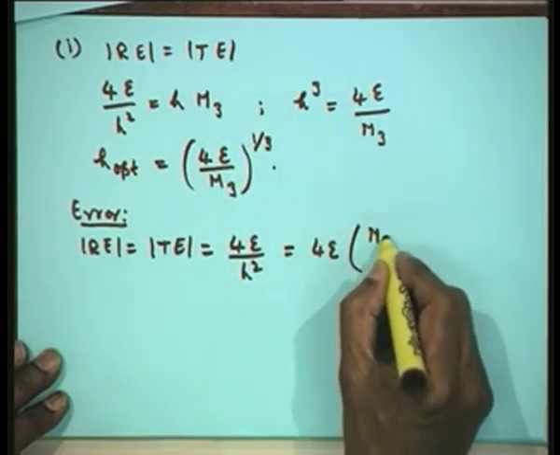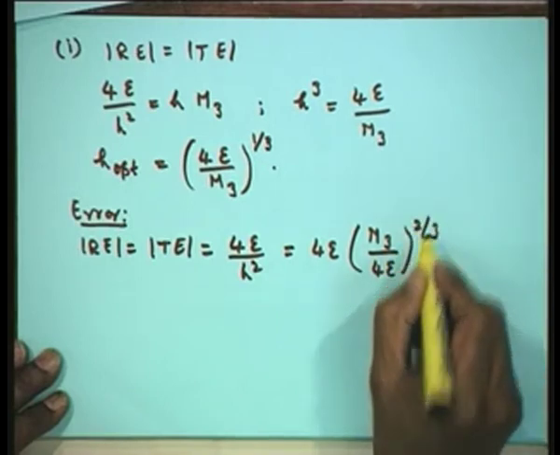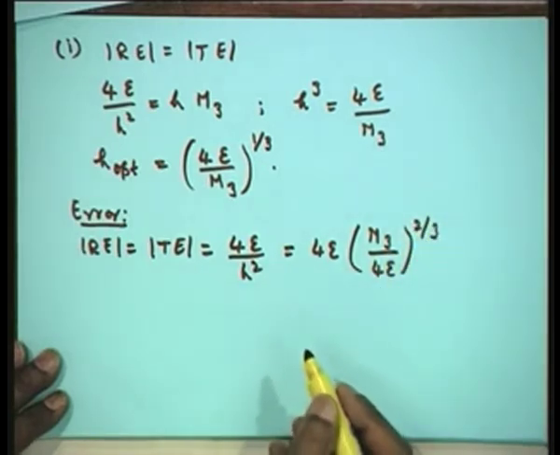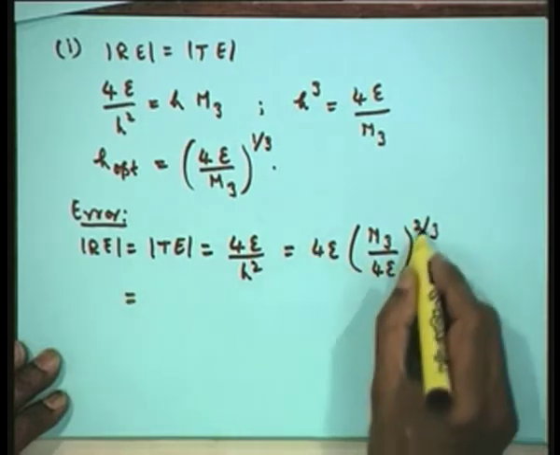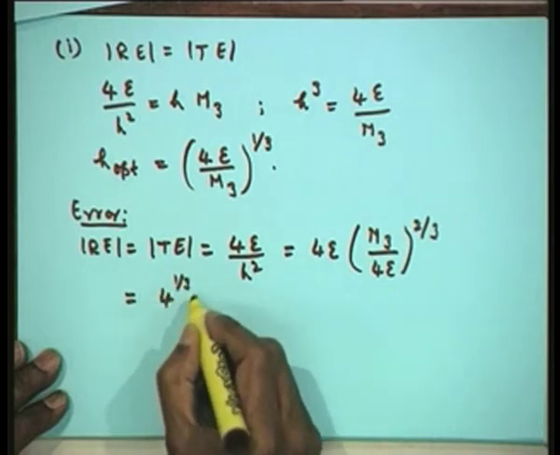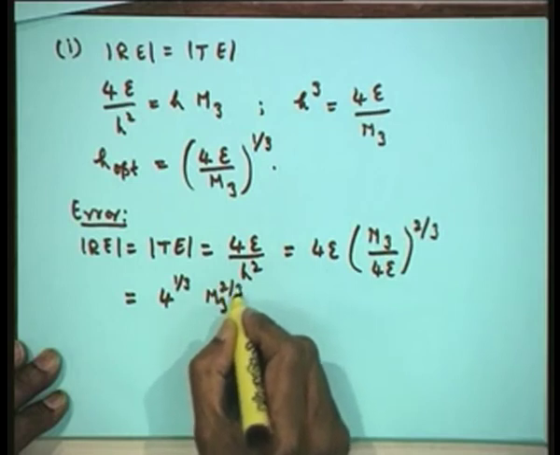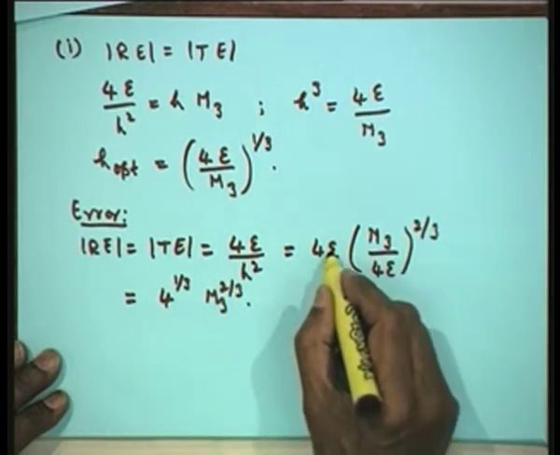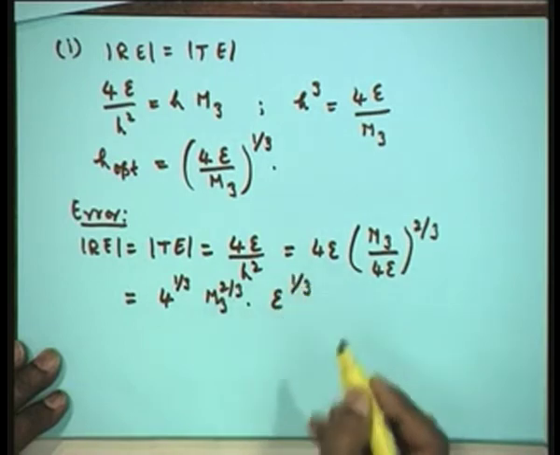So, I can invert this as m3 upon 4 epsilon and write this to the power of 2 by 3. So, this is 4 divided by 4 to the power of 2 by 3, so I will have 4 to the power of 1 by 3, m3 to the power of 2 by 3, and epsilon divided by epsilon to the power of 2 by 3. So, I will have here epsilon to the power of 1 by 3.